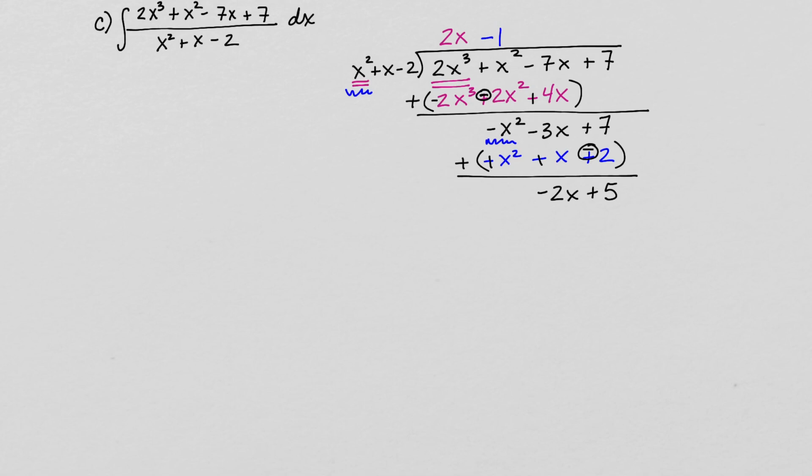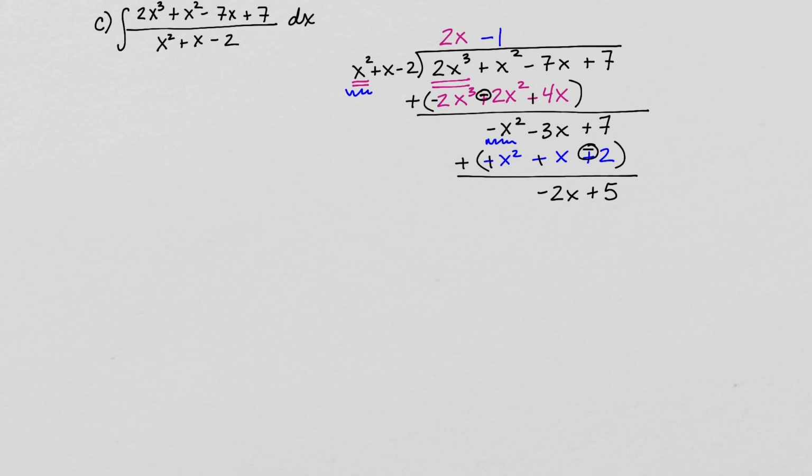Yes. Okay, so now if you look, I have a minus 2x, and here I have an x squared. Since my power down here is smaller, I'm done. I can't do any more division.